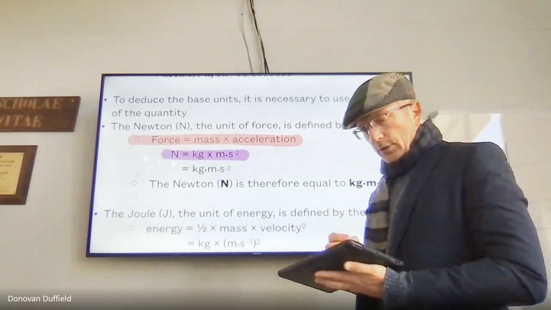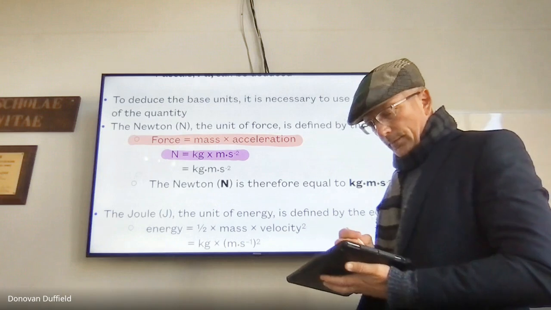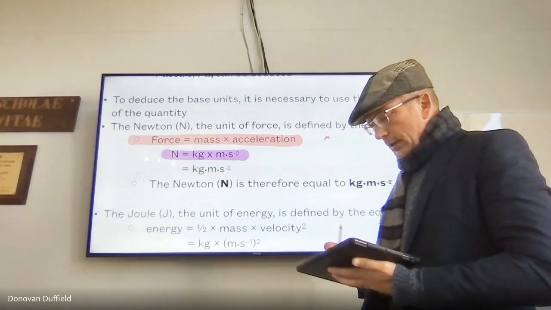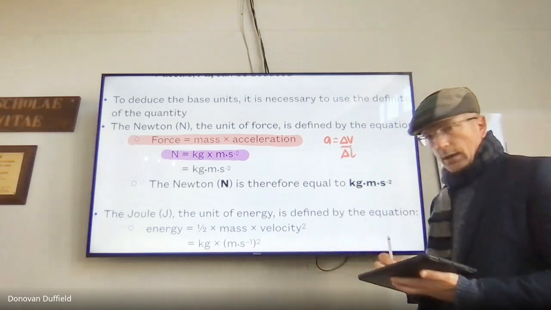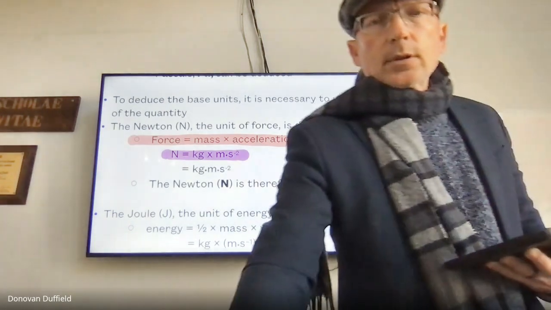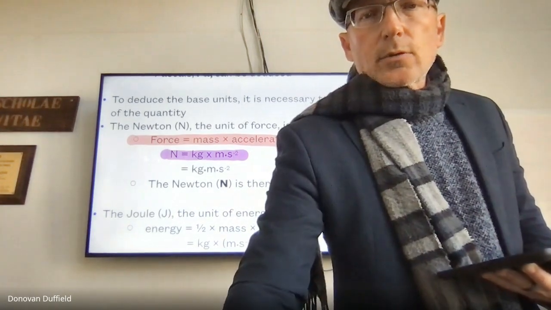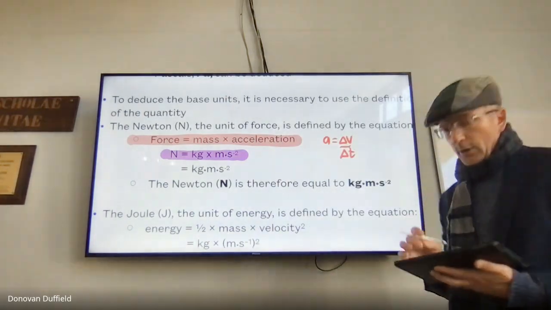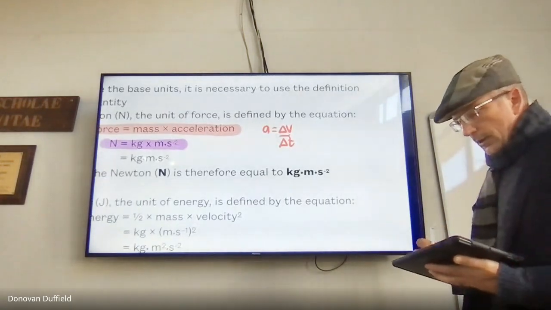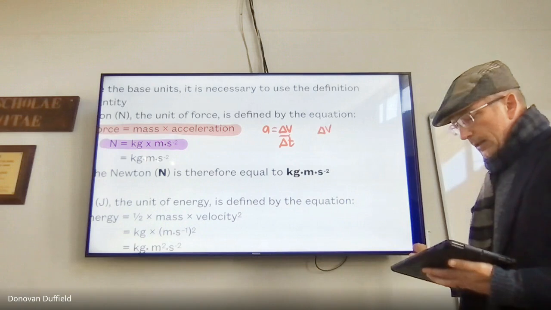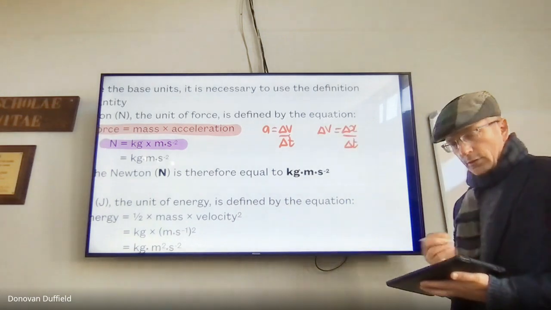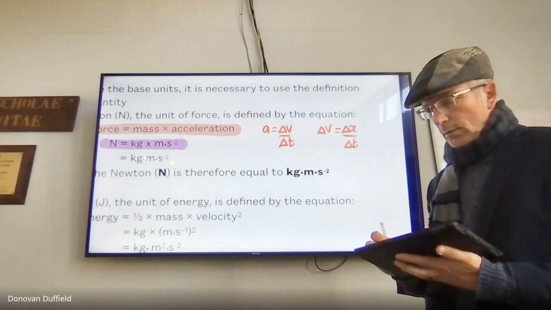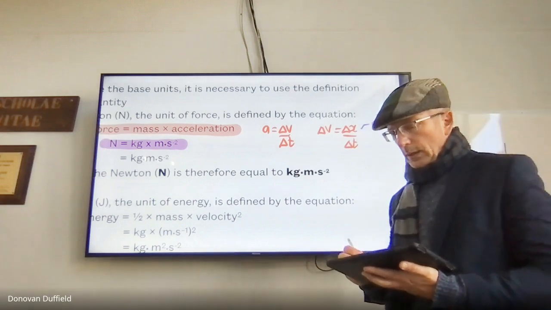But if we take a look at acceleration, acceleration is the change in velocity over the change in time. If we look at the change in velocity, this is the change in position versus the change in time. Change in position has the unit of distance, which is meter.